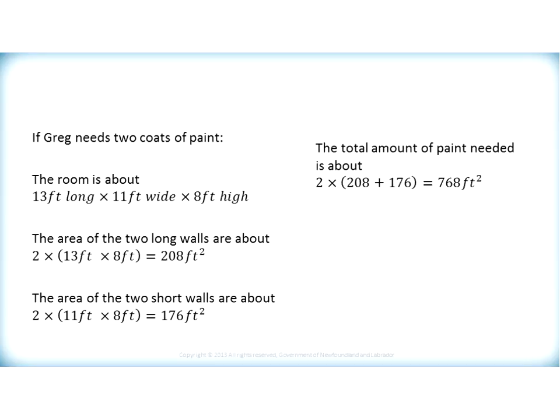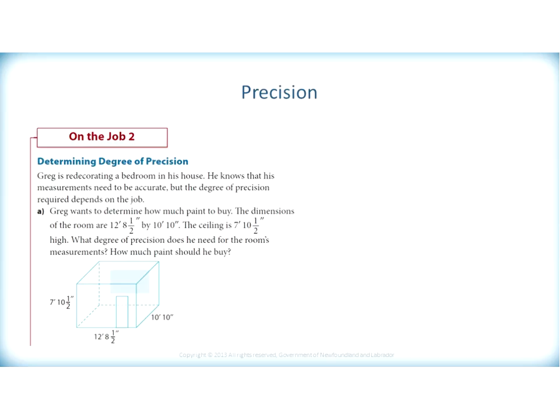So the total amount of paint needed is about 208 square feet plus 176 square feet, times the 2 coats of paint. So he needs enough paint for about 768 square feet, or roughly about 750 square feet, because if you notice, if we go back, there's a door and a window in his room, so they're not going to be painted.